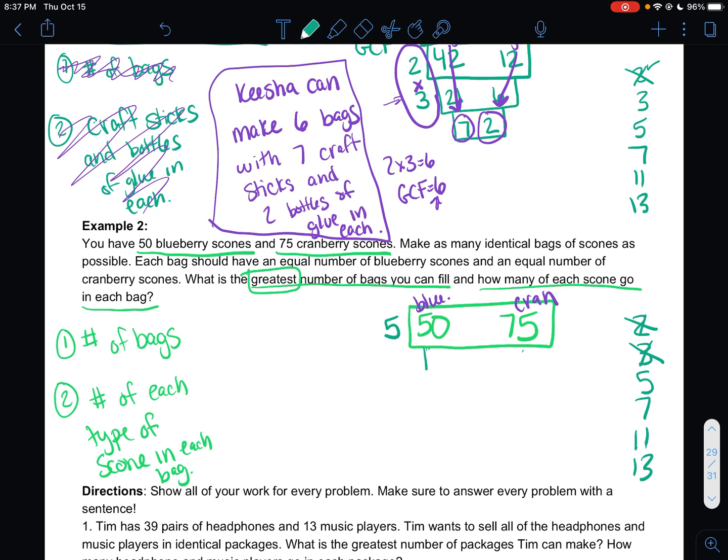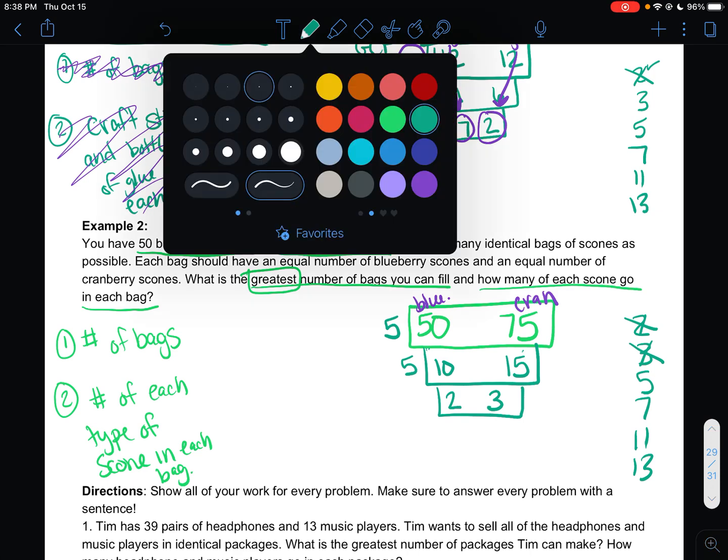So I'm going to divide by 5. 50 divided by 5 is 10. 75 divided by 5 is 15. So 10 and 15, both of those are divisible by 5 as well. So 10 divided by 5 is 2, and 15 divided by 5 is 3. Well, 2 and 3 are both prime, so I know I'm done my cake.